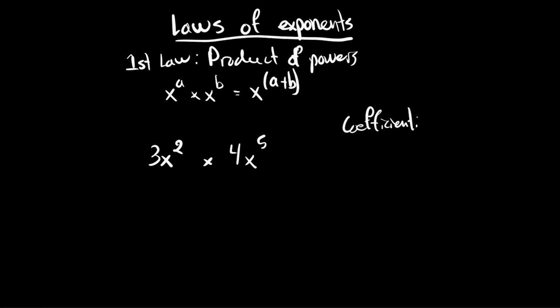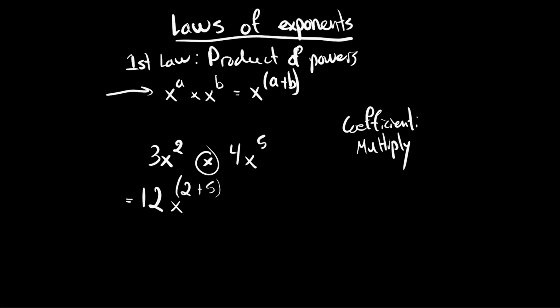So you just follow the operation in the middle. In this case, we have 3 times 4, which is 12. And then for the power, you have to be careful. You have to use the first law. So we do x and then 2 plus 5, which equals 12x to the power of 7.